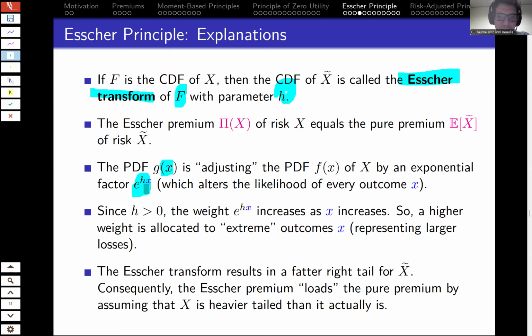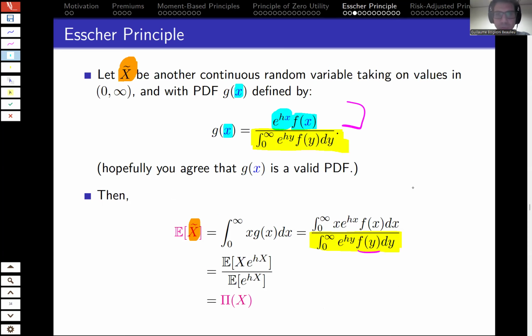And this obviously alters the likelihood of every outcome little x. Remember that the density represents the likelihood that a certain outcome x happens. So if we start with f of x here, and we multiply it by something, in this case e to the hx, in this new density that we define, we have modified the likelihood of any specific outcome little x.